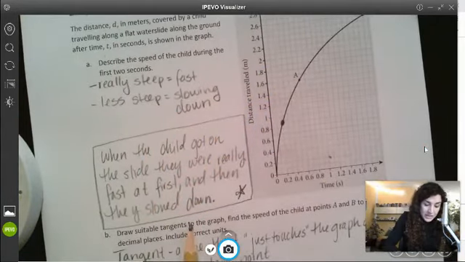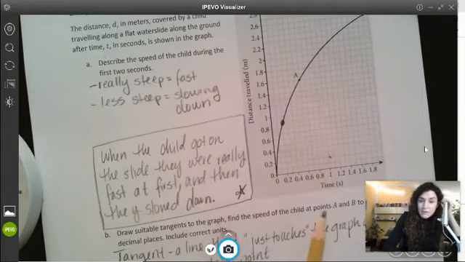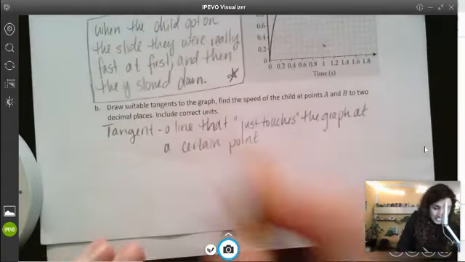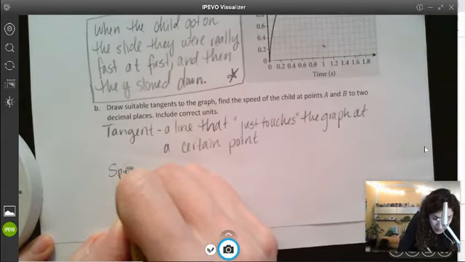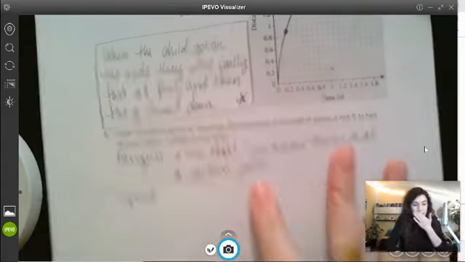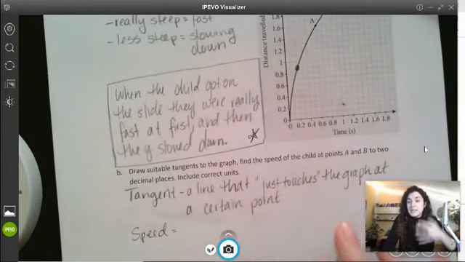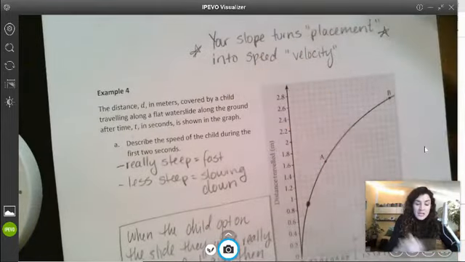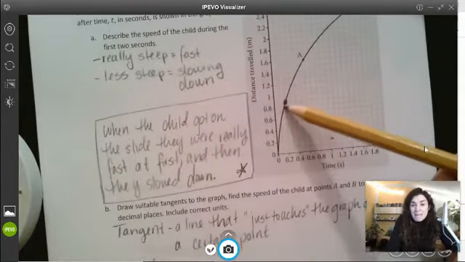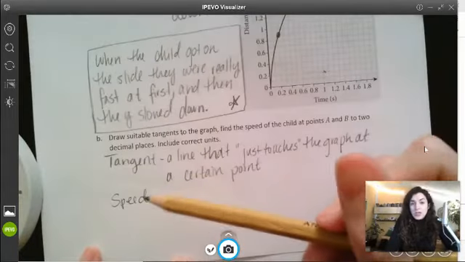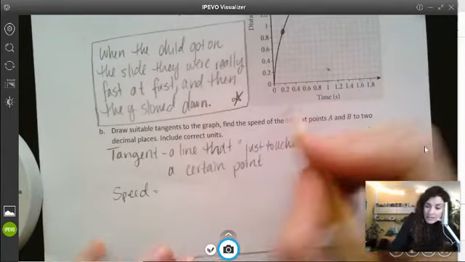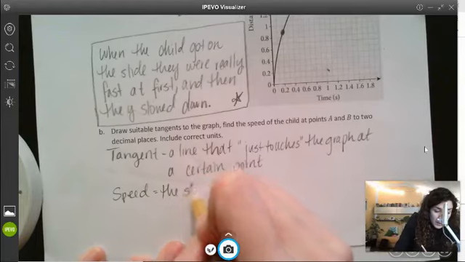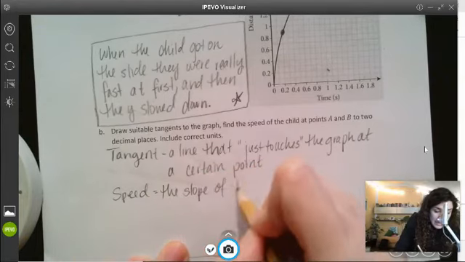So it says draw suitable tangents to the graph and find the speed of the child at that point. The speed, when we're talking about a line, is the slope of that line. Your slope is the speed. Since we have an ever-changing slope, your speed at that point is the slope of the tangent line.